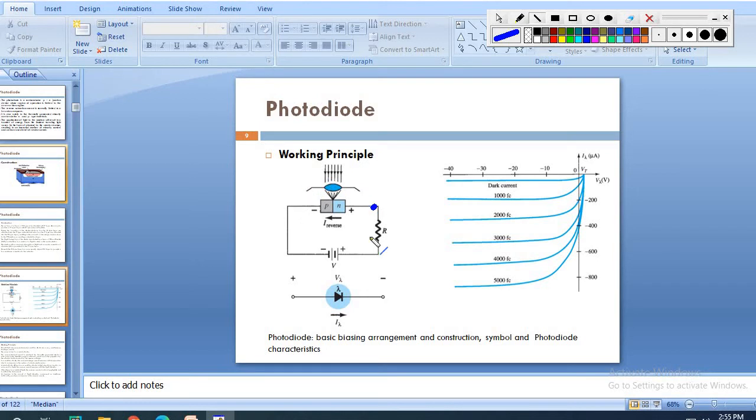It is also in reverse bias condition, because I am applying a reverse voltage to this p-n junction diode. The current is also moving in this direction, which means it is in reverse bias condition.